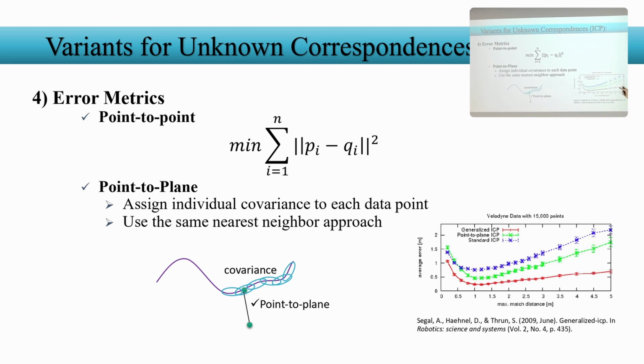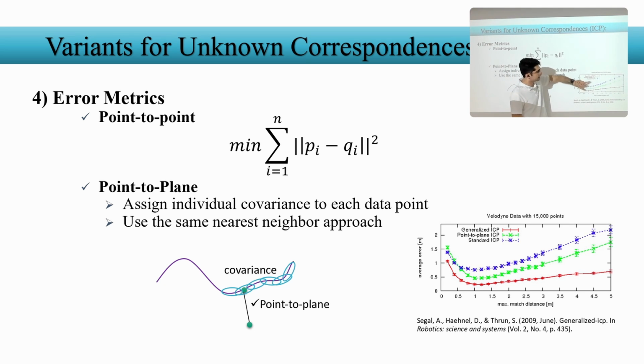I was searching for an implementation that compares these two techniques, and it says, okay, if you have point to plane, standard ICP, and point-to-point calculation, you can see the error.